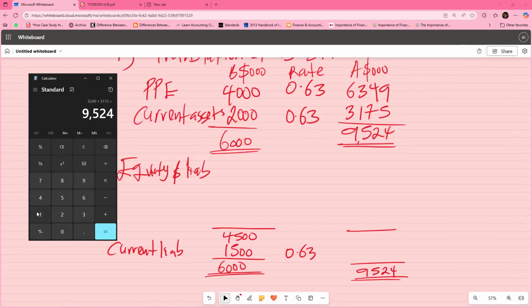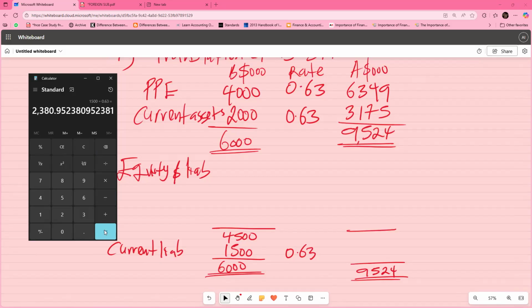Here, the post-acquisition profit is going to be the balance figure. It's not as if you take the difference between the two dates to get your post-acquisition profit.